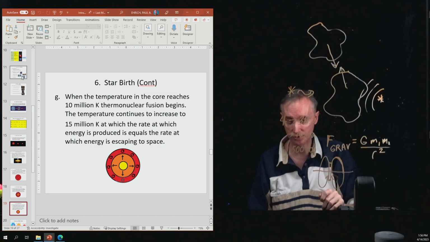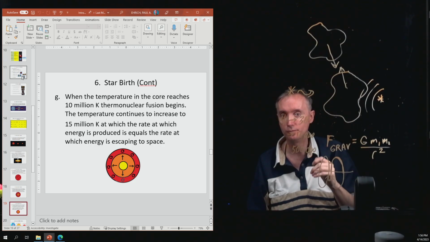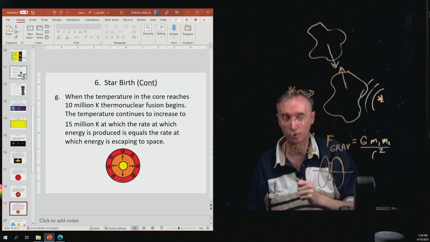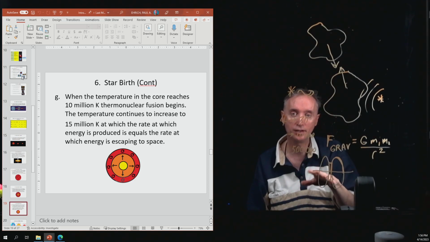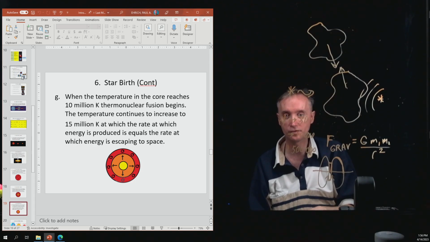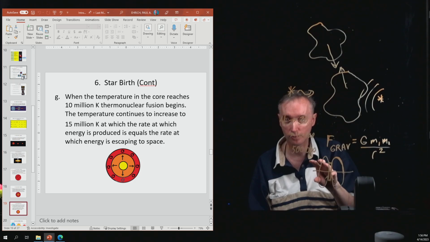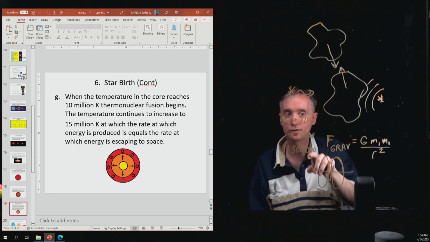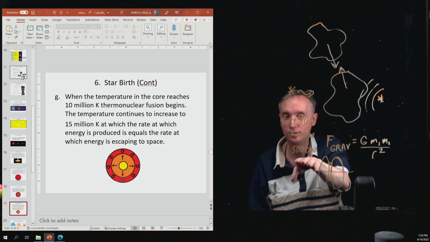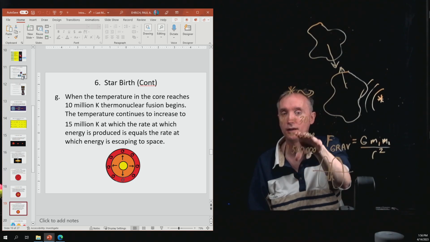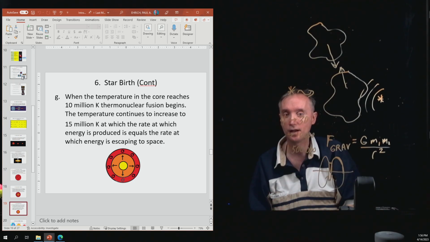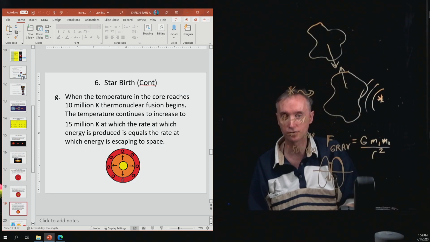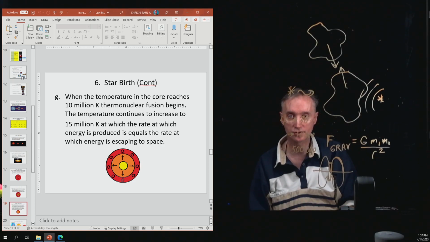At that temperature, hydrogen begins to fuse into helium, and a star is born. Eventually it levels off at around 15 million Kelvin, which is not that important. So the point is, eventually the temperature reaches the 10 million Kelvin threshold, at which point you then have the thermonuclear explosions. And so now we've got a star.